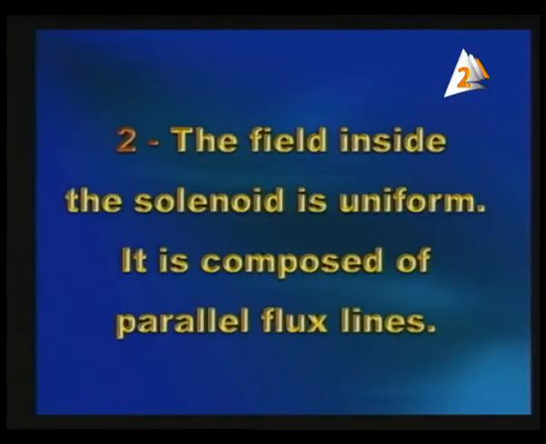The field inside the solenoid is uniform and is composed of parallel flux lines. Since it is uniform, we expect to find a relation to determine the magnetic flux density.